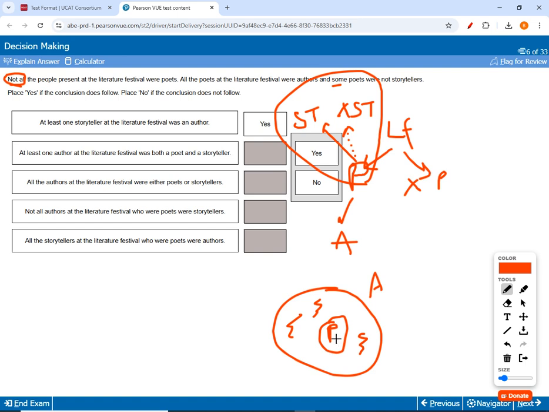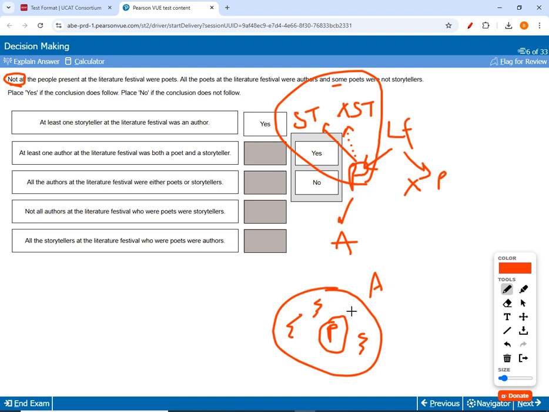But there is one person who is a poet who will also be an author. So one author will definitely be a poet. We agree, because not all authors are poets, since we can't go against the arrow.